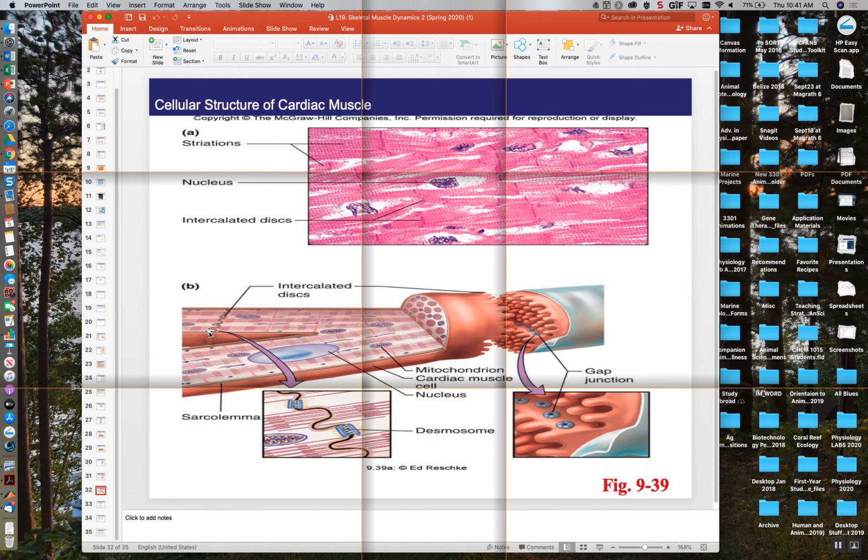The intercalated discs are where all the gap junctions are as well. And there's a number of ion channels that are expressed within that intercalated disc. So you can see gap junctions right here as well. And that's kind of one of the defining features of cardiac muscle.